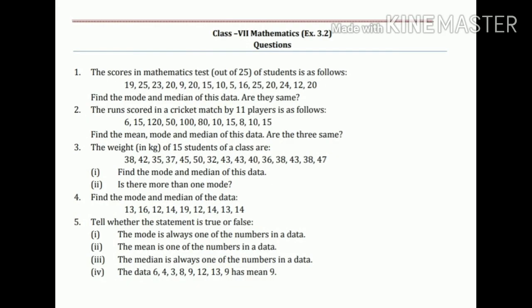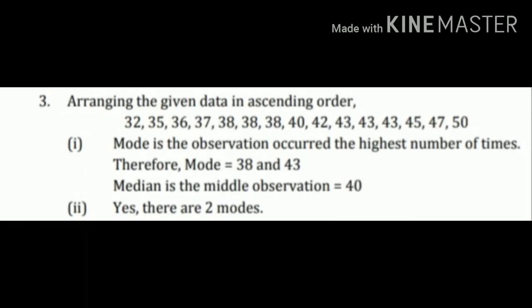In the third question, you have data which is the weight of students. Over here you have to find the mode, median, and determine whether there is more than one mode, right? So in this data, 38 and 43 are both repeating 3 times. So both of them will be the mode. While in the case of median, there are a total of 15 observations. So median will be 15 plus 1 divided by 2, that is the 8th observation.